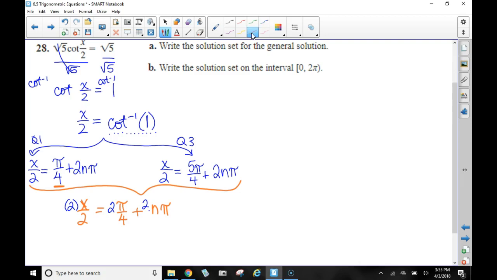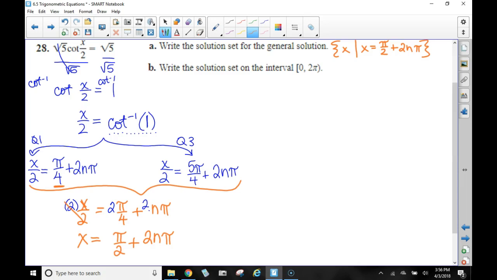Now when we do that, we have x is equal to 2 pi over 4 reduces to pi over 2, and then nothing to reduce here, so it's just 2nπ. So that is going to be the solution set for the general solution. It's the set of all x values such that x is equal to pi over 2 plus 2nπ.